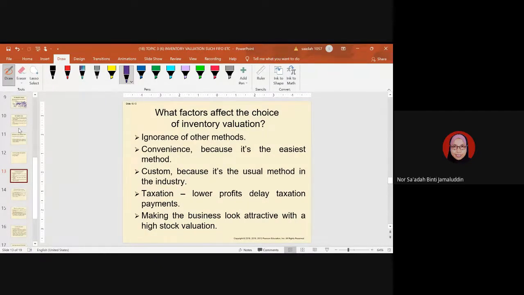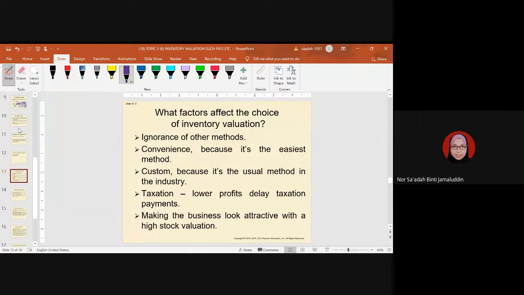So in order to choose which method is suit with our business, kita kena tengok, okay, business in same industry dengan kita, choose method mana. So tak boleh lah kalau ada orang FIFO, tiba-tiba kita je satu dalam same industry, we choose average cost method. So itu tak, rasa pelik lah. Okay, maybe dia bila benda-benda pelik ni, bila akan ada orang yang nak audit, dia akan query kat situ.